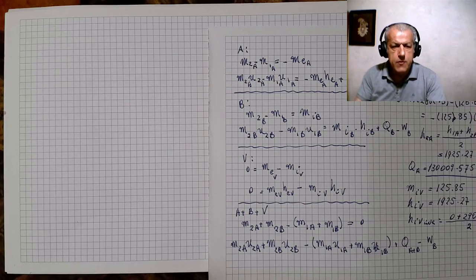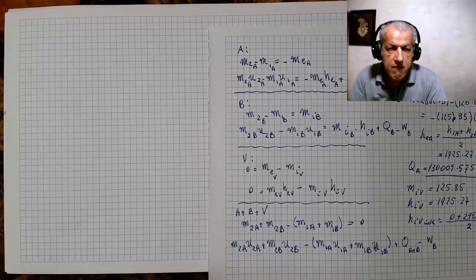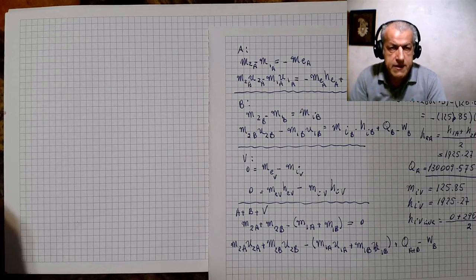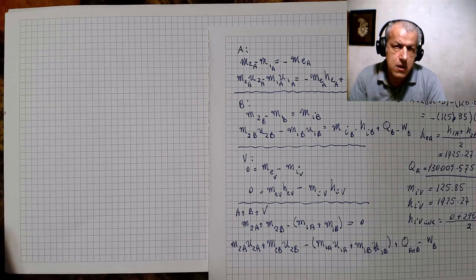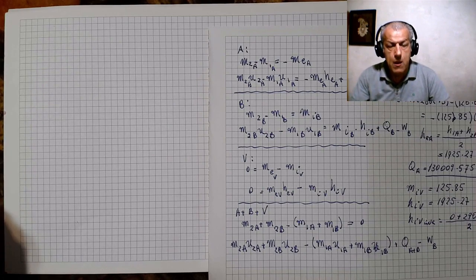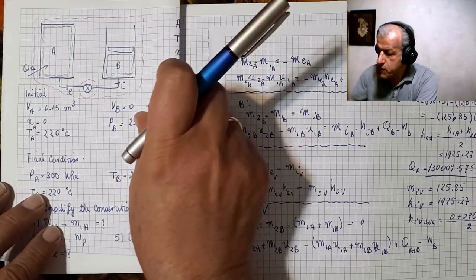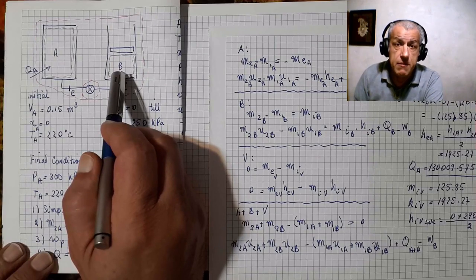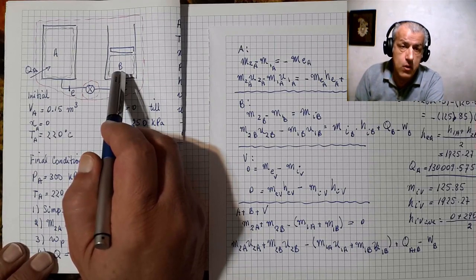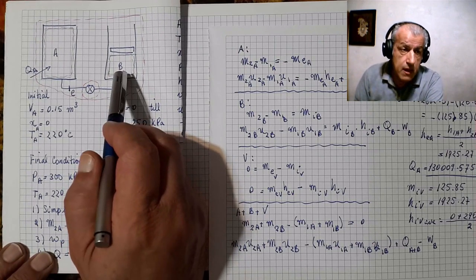The next step we should take is to calculate values for mass conservation and energy equations in B. Of course, what's happening here is important, since there are three mechanisms at work in B. First is work.